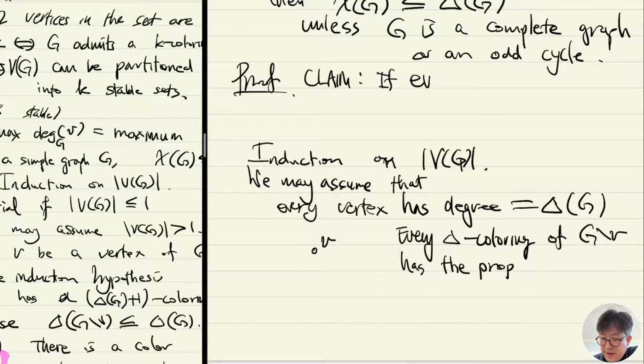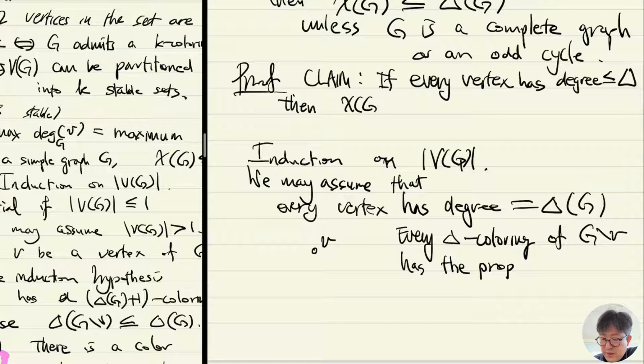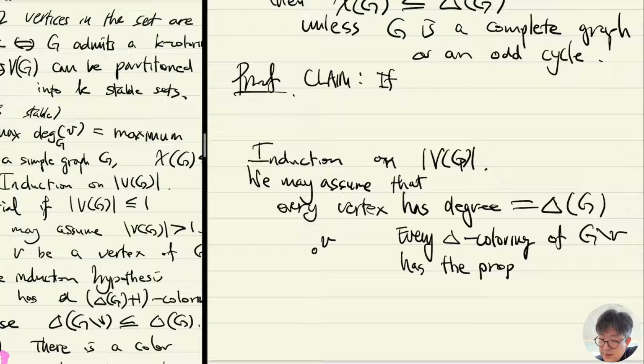If every vertex has degree at most delta, then chromatic number is equal to, let me say it this way.